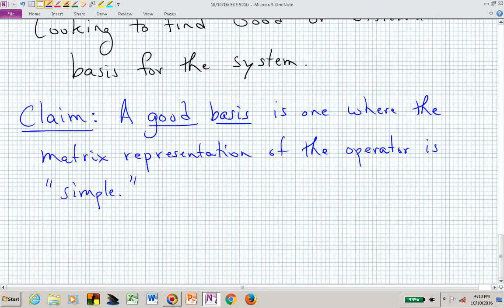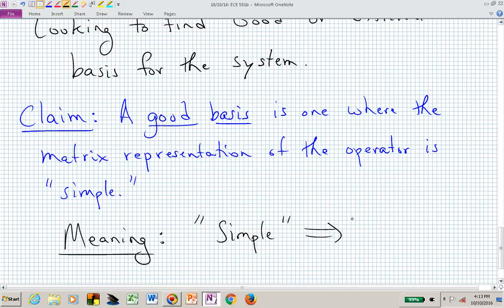And the meaning of simple, throwing quite a few words around that we use on a daily basis, but now we're implying particular characteristics or properties of those. Simple is going to mean lots of zeros in the matrix representation.